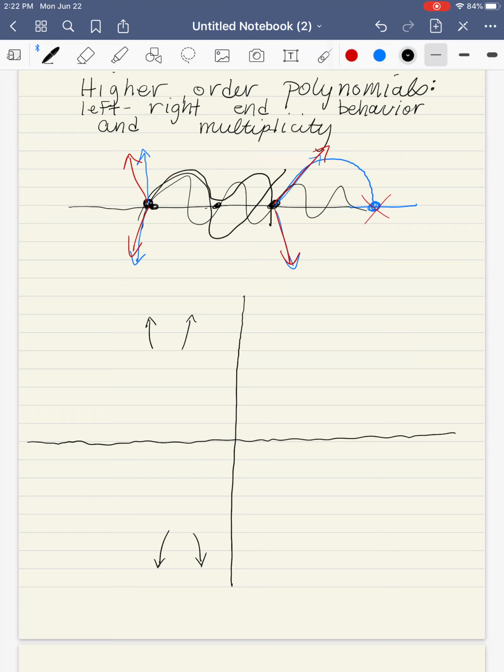So we could have that both ends go up, that both ends go down, or we could have that we're going down to the left and up to the right, or up to the left and down to the right. Those are the 4 different possible things that can happen.